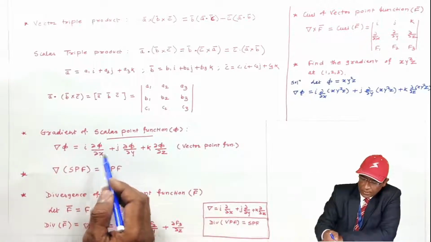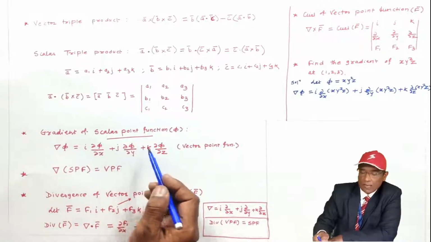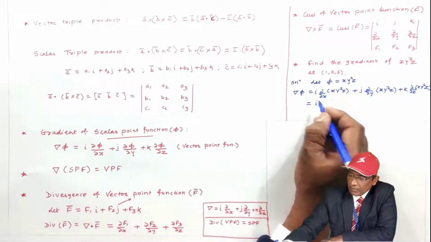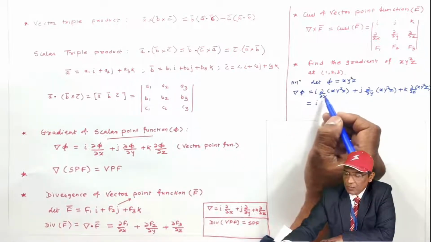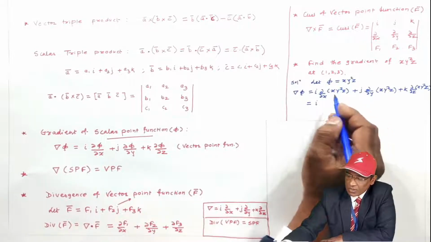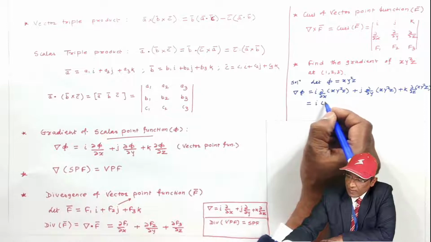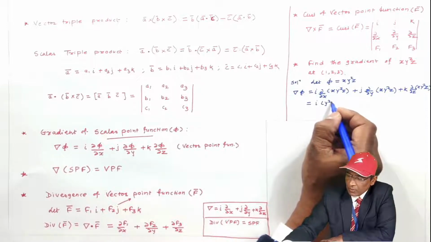Gradient of phi is i del phi/del x plus j del phi/del y plus k del phi/del z. Now take partial derivatives very carefully. Derivative with respect to x keeping y and z constant: derivative of x with respect to x is 1 and y square z is a multiplicative constant.